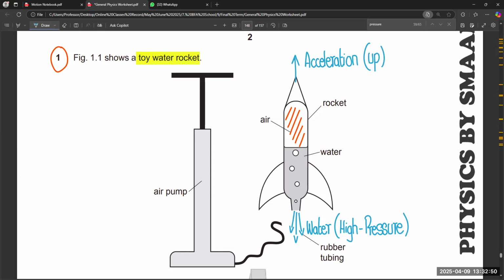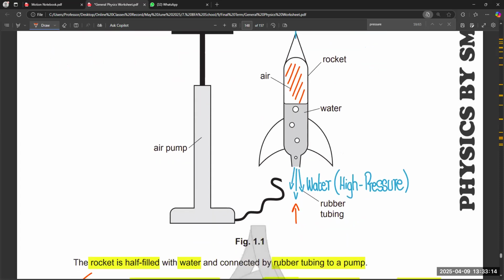So according to the concept of momentum, momentum is mass times velocity. You can see that a quantity of water is coming out of the rocket and it is moving in a downward direction. So when it exerts force on the ground, the ground will also provide an opposite force on the rocket, right? So this is the action force on the ground and this is the reaction force.